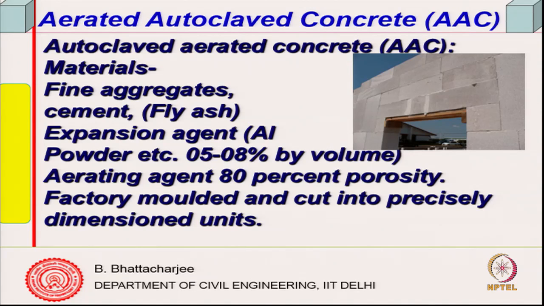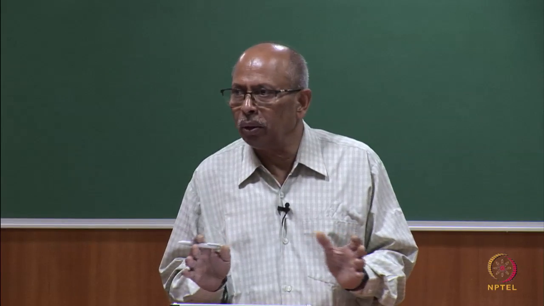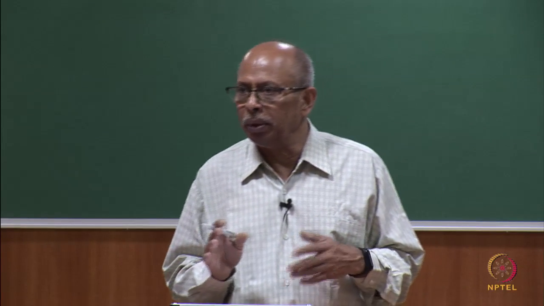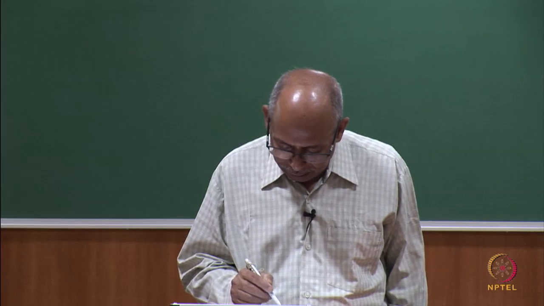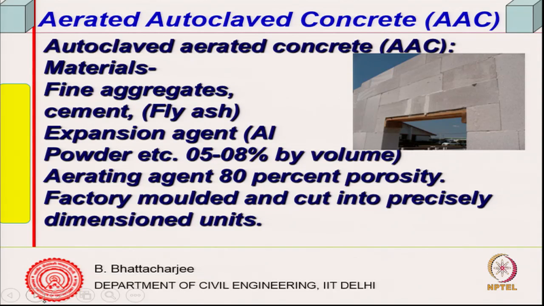So, how do you generally produce autoclaved aerated concrete? Its purpose is that it has very low thermal conductivity, and it is very much used in India now. There are manufacturers who produce these blocks, and that is what it looks like, right.